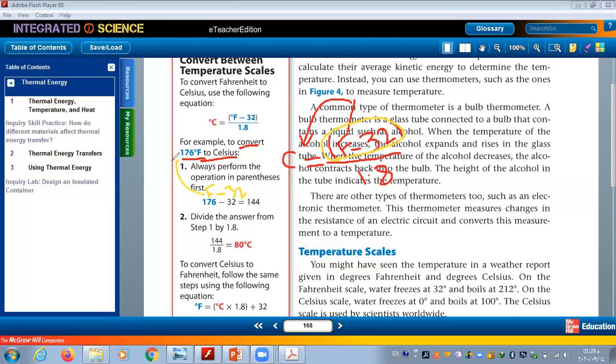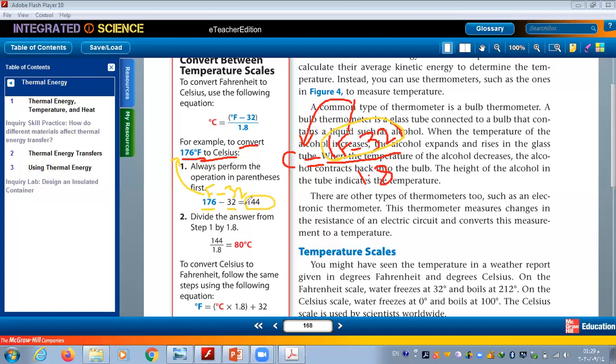The value of F is 176. So remove F and put instead 176 minus 32. Using your calculator, 176 minus 32 equals 144.